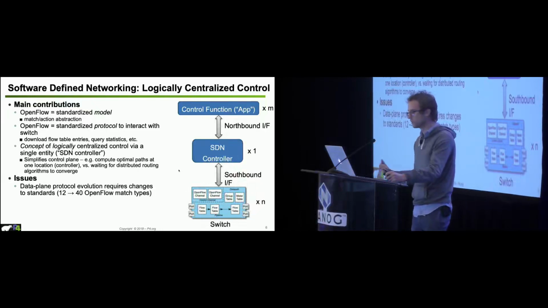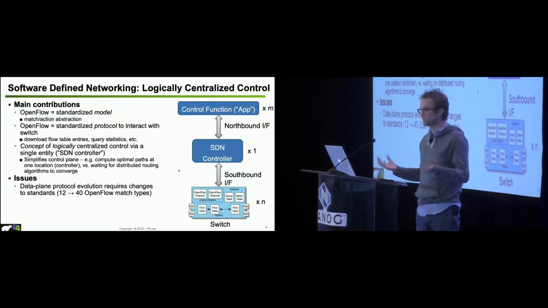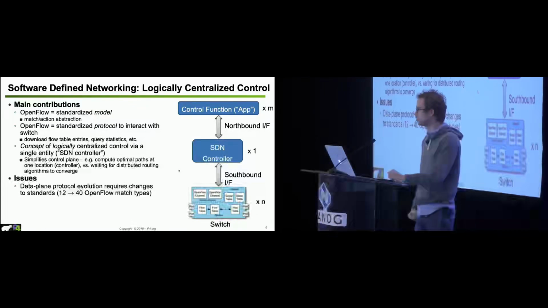OpenFlow 1.0 also had another issue, which was that it was, in a way, hard to implement efficiently on existing networking hardware because OpenFlow 1.0 has that abstraction of one big match action table, but that's not usually how switch silicon works. Usually switch silicon has many tables.